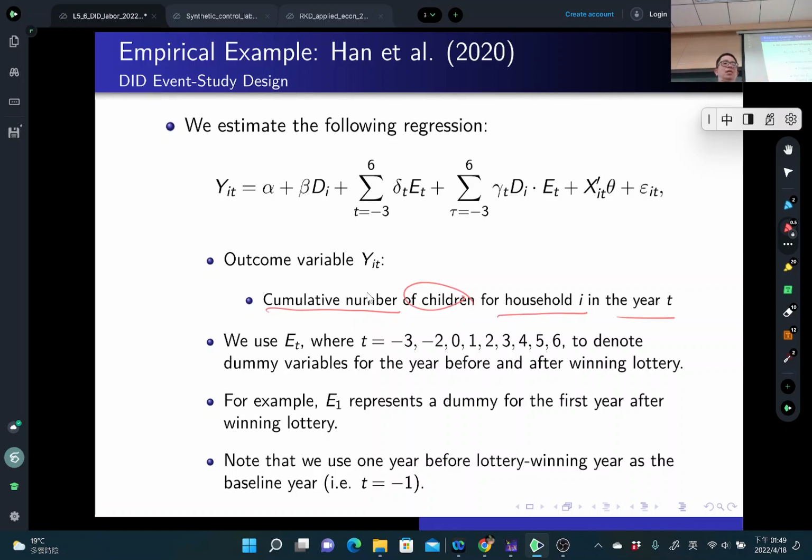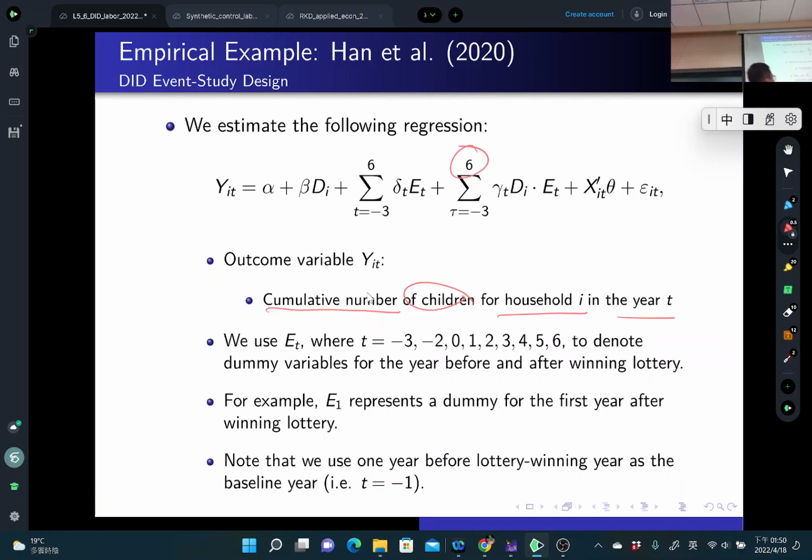That means, for example, this year you have 1 child, and next year you have 1 more, so the cumulative number of children for the next year is 2. So it's a cumulative number, okay? Then we will examine this until the 6th year after winning the lottery prize.